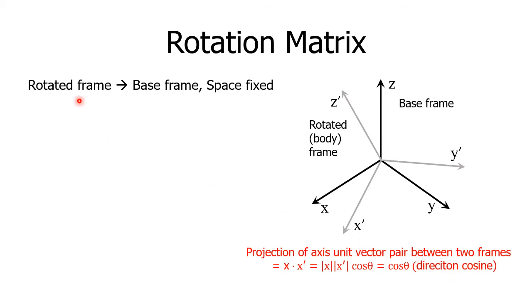The first case is to transform rotated frame to the base frame. So rotation matrix is called space fixed.